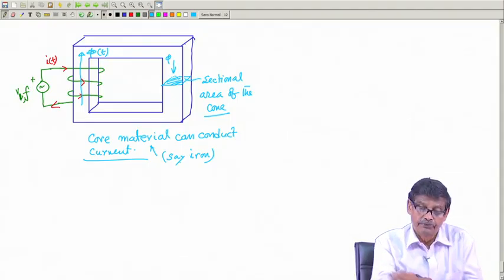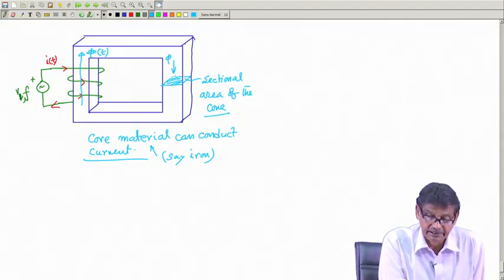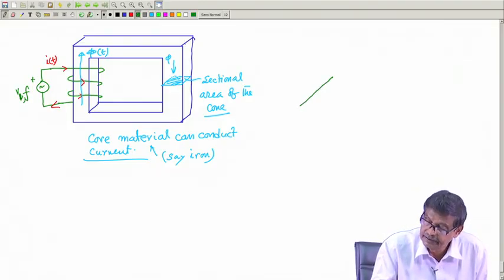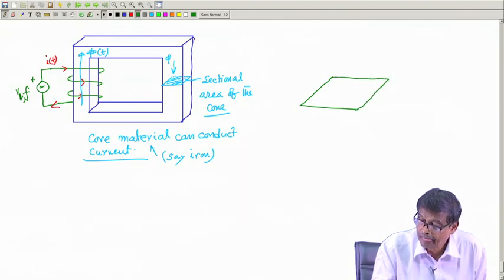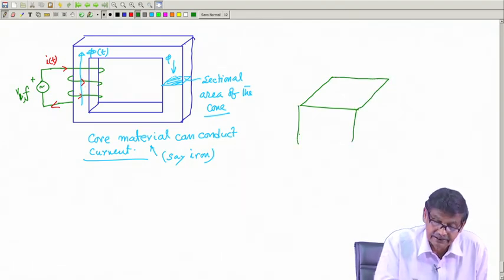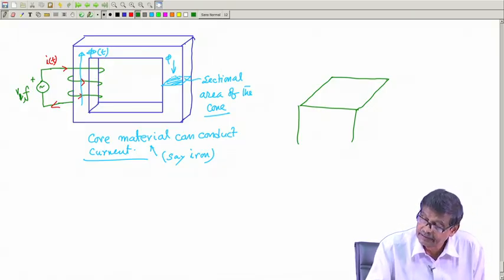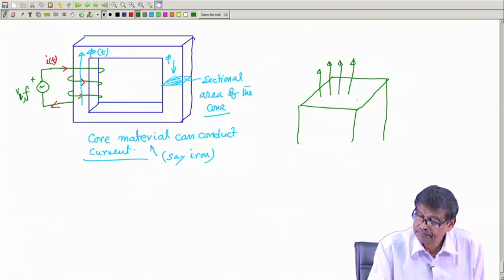Now, if you look at this cross sectional area of the left hand column, I will draw it separately this way. This is the sectional area, and through this the flux lines are coming, many flux lines.